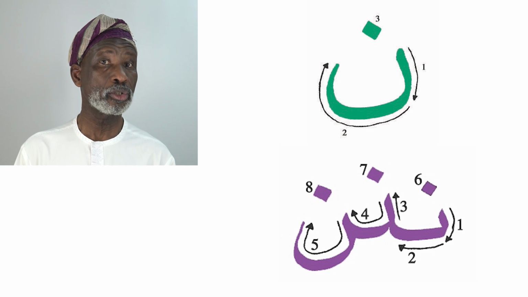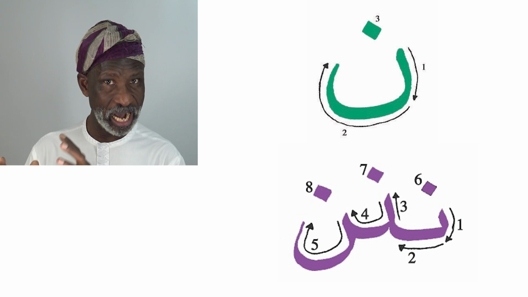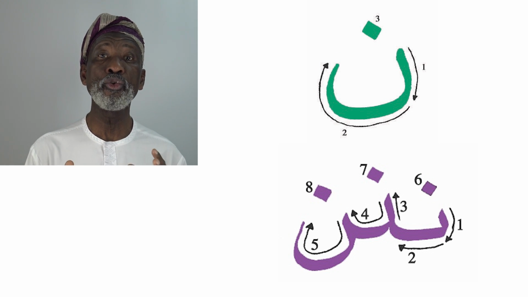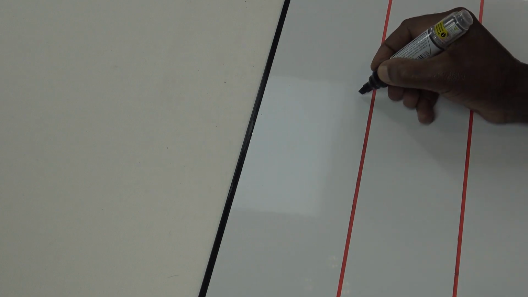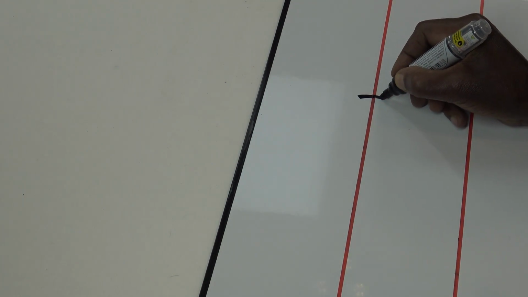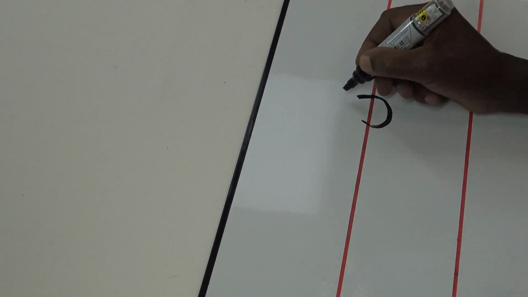Let me now demonstrate for you again how to write letter Noon in isolated form and letter Noon joined. Have a look. Letter Noon, isolated form, is now being formed for you. Go and then put a dot on top, 1 dot.